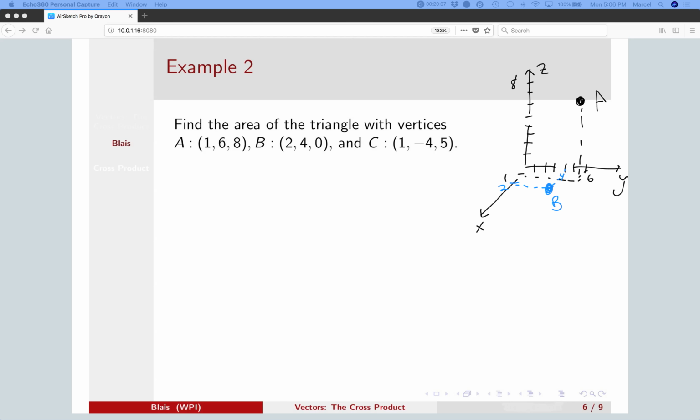And then C, 1, minus 4, 5. So the triangle we're after is this one. And we want its area.